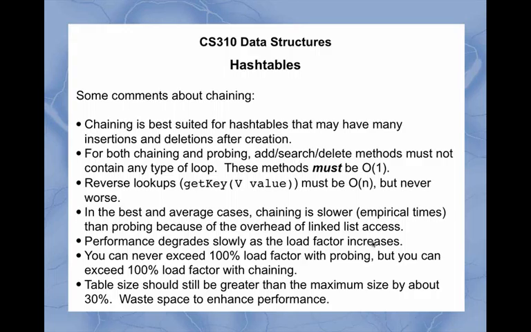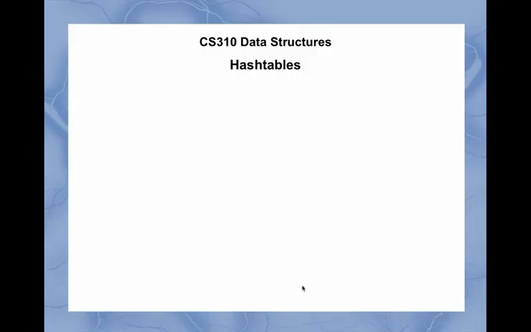You could never exceed 100% load factor with probing, but you can with chaining. It's not a good idea, but it is possible. And finally, in every case, table size should be made larger than the max size by about 30%. We're going to waste space to enhance performance. It's a fair trade-off. So this concludes our lecture on hash tables.